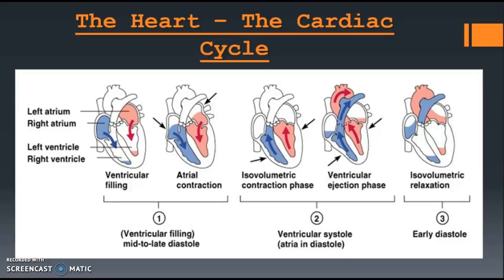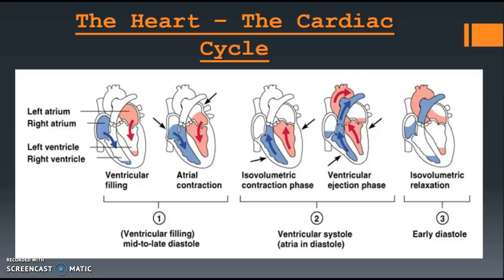Now we have the ventricles full of blood, we want the blood to travel out of the aorta and out of the pulmonary artery into the lungs and to the rest of the body, and to not go back into the atrium, so backflow is prevented by these valves snapping shut. So the atrioventricular valves close to prevent backflow.